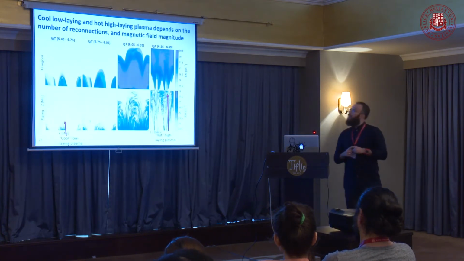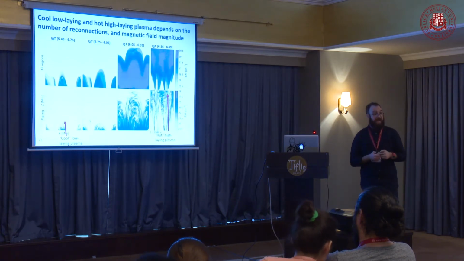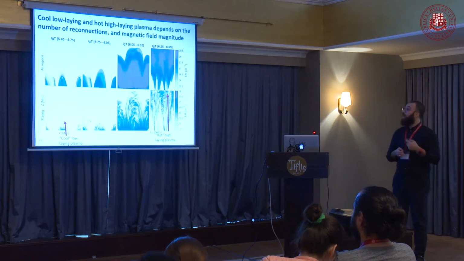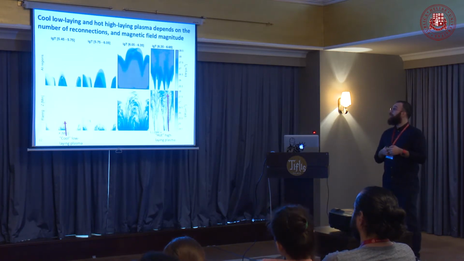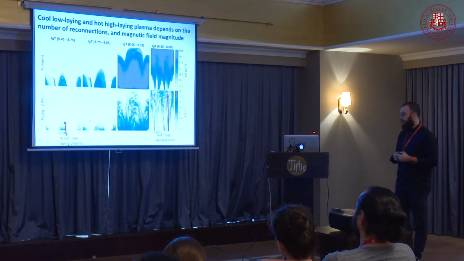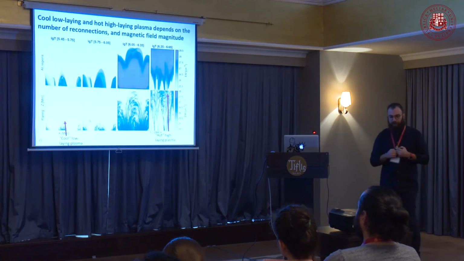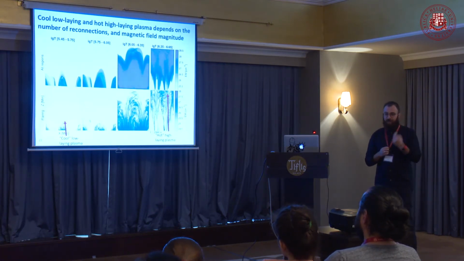What we see here is a cool, low-lying plasma, while relatively hotter plasma appears higher in the corona. Hotter plasma appears higher in the corona because impulsive events can happen in larger numbers there.